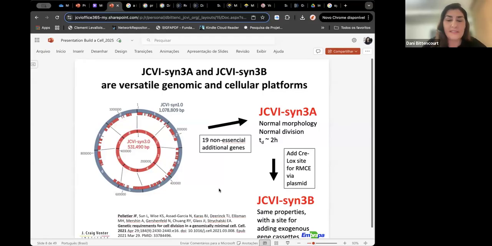So JCVI-syn3B is actually the one that we use for these studies to understand the functionalities of different genes, and also to put back other metabolic pathways or even specific genes, so you could change or improve the capacities of the minimal cell.